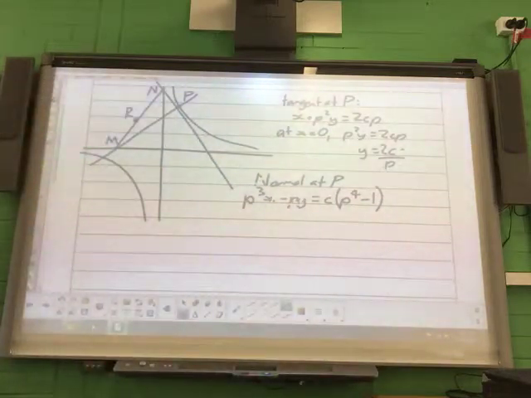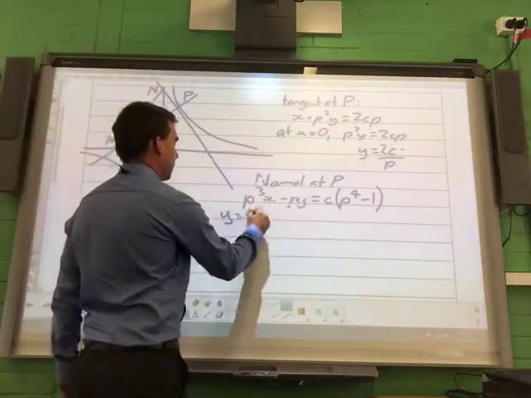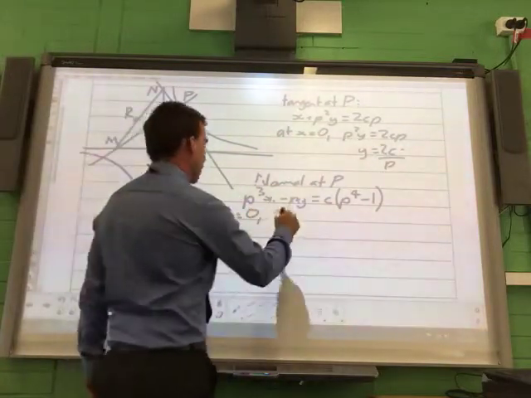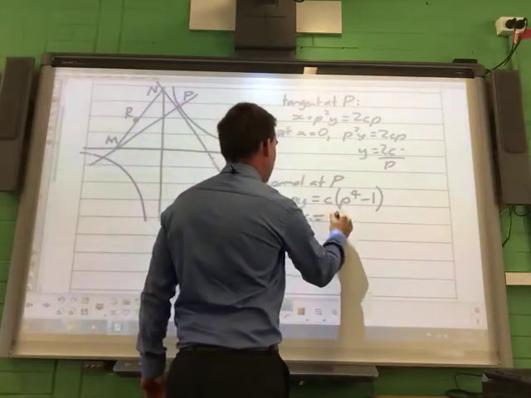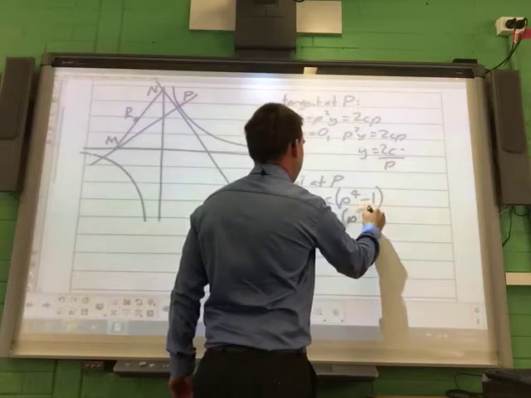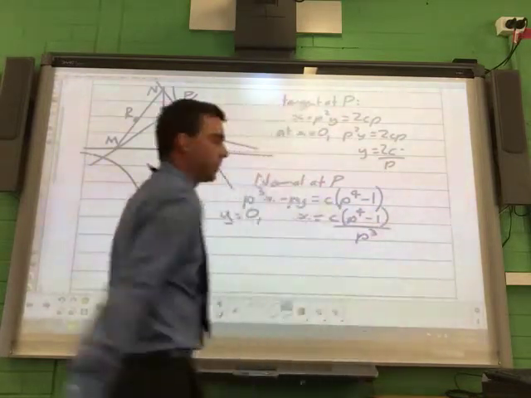So we're just recalling the formulas from the previous page. We know that this crosses the x-axis, so the y value must be 0. So y is 0, and x is going to be c times p to the power of 4, take away 1, over p cubed.